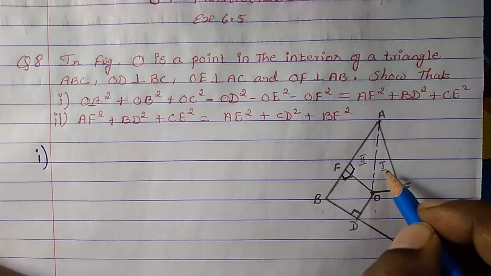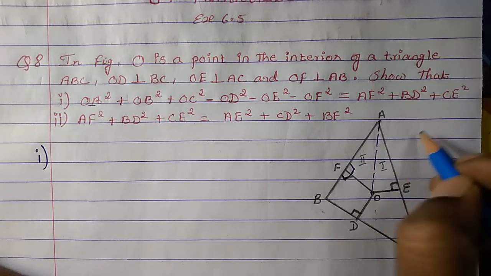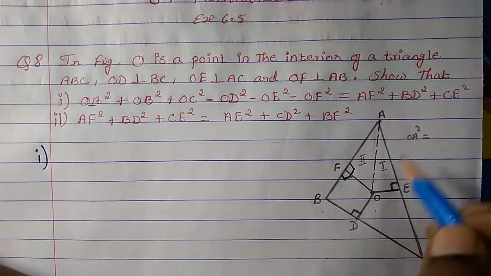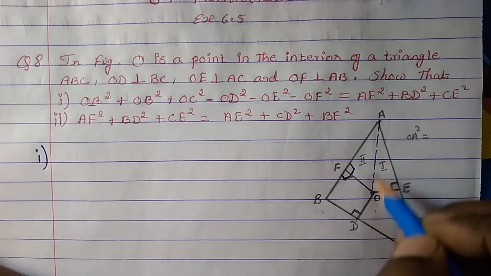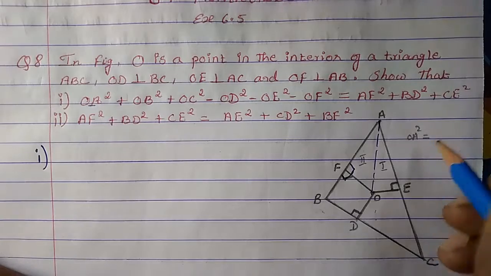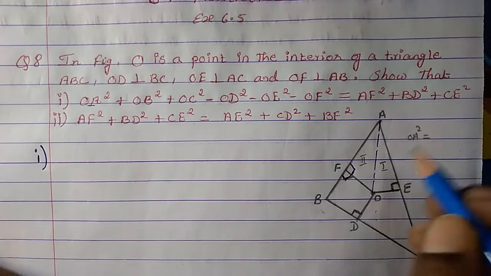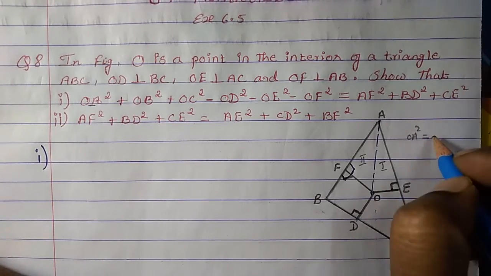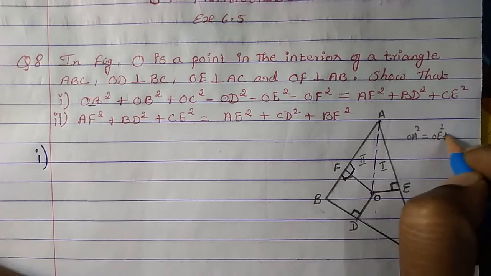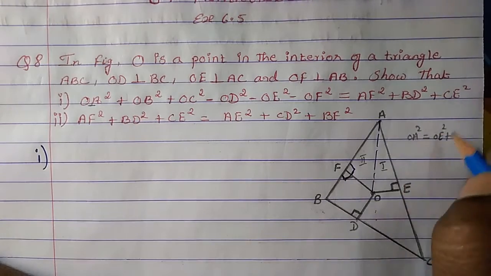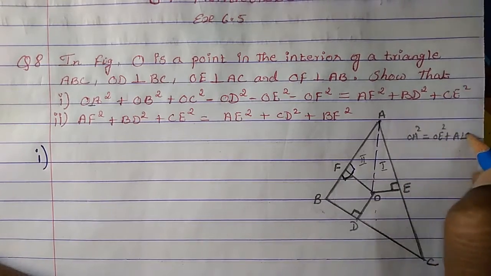If you take triangle 1, the hypotenuse is OA. OA square, applying Pythagoras theorem, that is hypotenuse square, is equal to base square plus perpendicular square. So base is OE square plus, then this will be AE square.